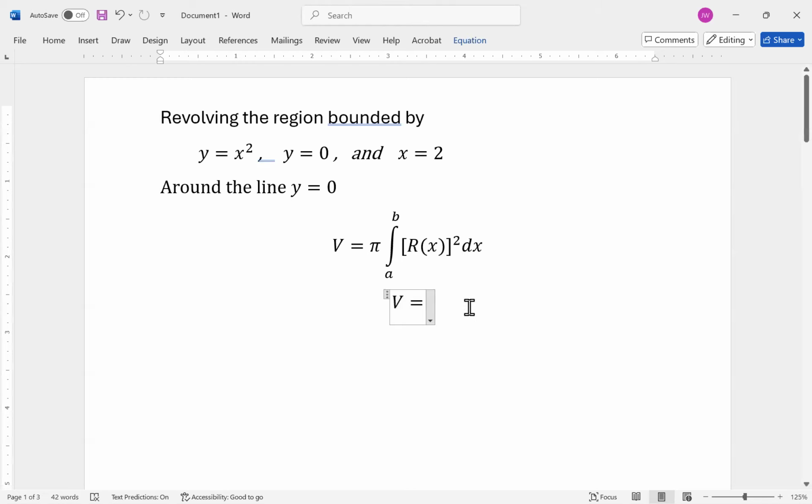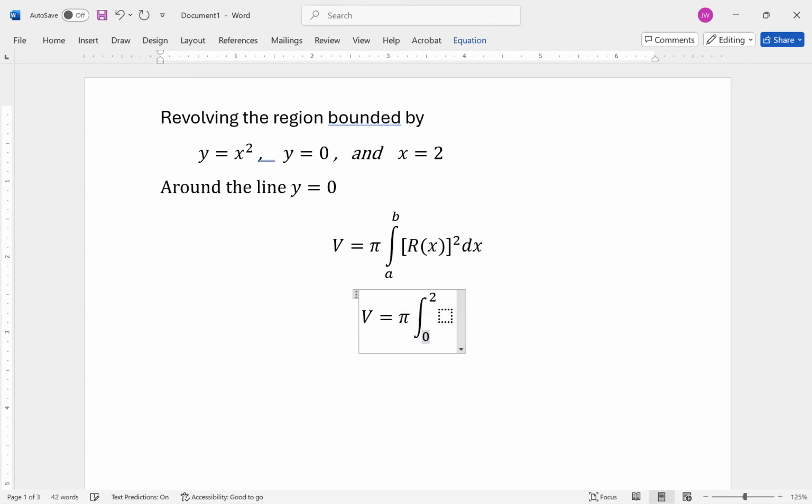So now I am ready to set my integration up. The bounds are going to be x bounds, and hopefully we went from x equals 0 all the way to x equals 2. That gives me one of my bounds there.